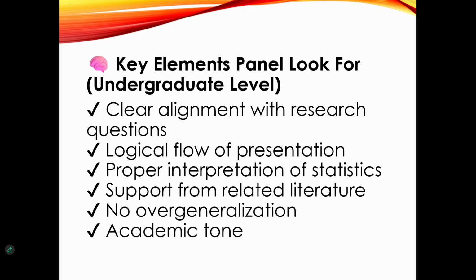And there should be proper interpretation of statistics and support from related literature. As we have mentioned before, there must be mention of existing literature which either supports or contradicts your claim.